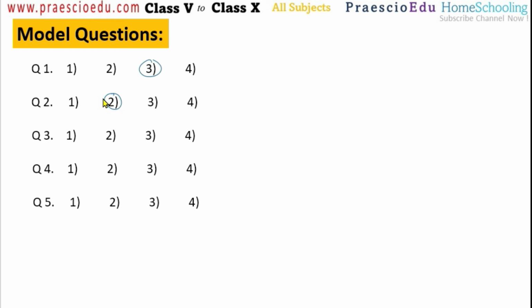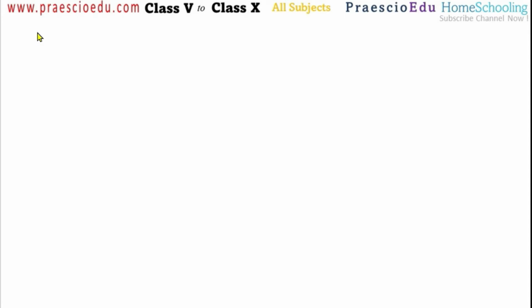Now question number 3. Grandfather and grandson have 50 years of difference in their age. Let's use GF in short form for grandfather's age, and GS for grandson's age. The grandfather's age is always more because he is a senior person, so GF minus GS is equal to 50.